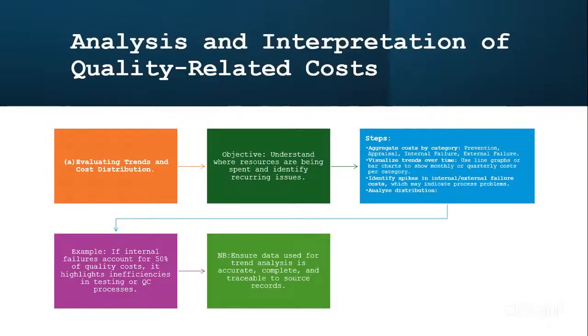When you attach a cost to laboratory processes, the cost that is the highest will tell you that yes, there is a problem somewhere. We are having so many repeat testing. We are having so many IQC failures. There is a problem.